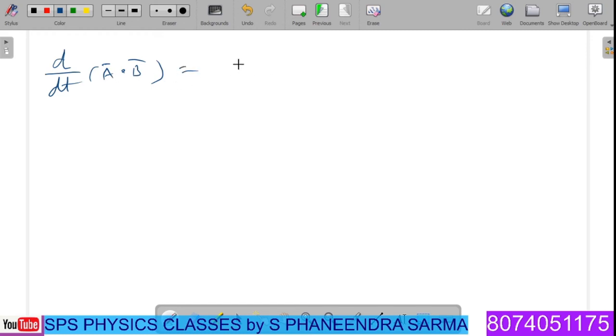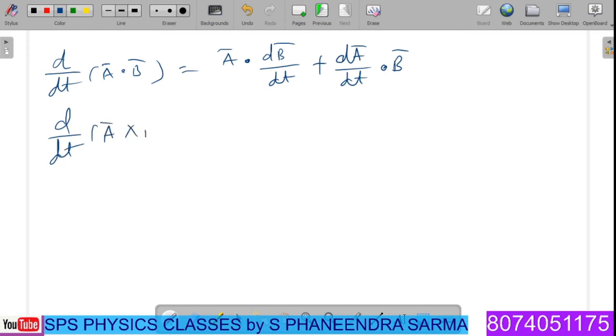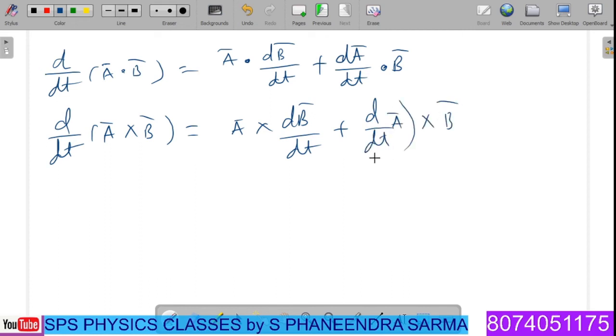Then the dot product derivative will be equal to a bar dot db bar by dt plus dA bar by dt dot b bar. Suppose you are interested in the cross product of the two vectors with respect to time, in such a case you can write a bar cross db bar by dt plus d by dt of a bar cross b bar. So like this you have to do the vectors.